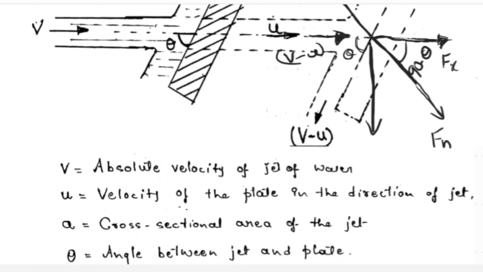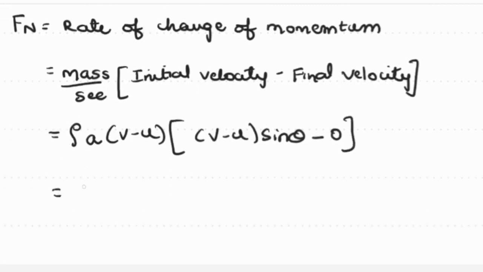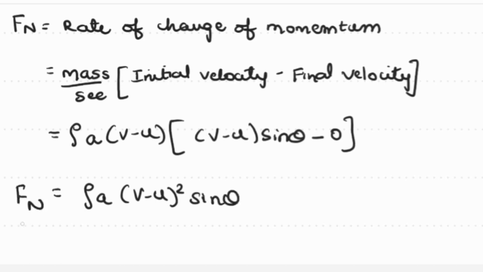So we get rho into A into v minus u, taking one v minus u outside, v minus u whole square into sine theta, which is the force exerted normal to the plate.